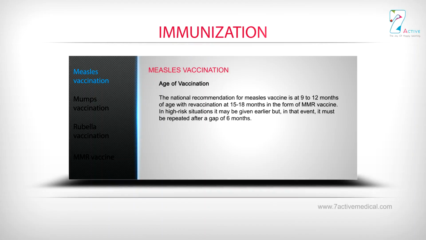The national recommendation for measles vaccine is at 9 to 12 months of age, with revaccination at 15 to 18 months in the form of MMR vaccine. In high-risk situations, it may be given earlier, but in that event, it must be repeated after a gap of 6 months. Dosage: 0.5 to 1.0 milliliter SC, ID, IM.